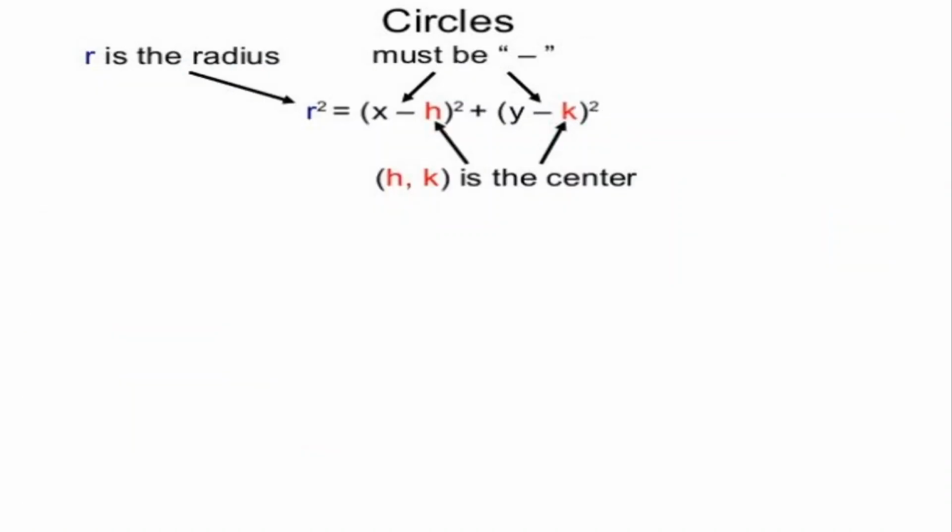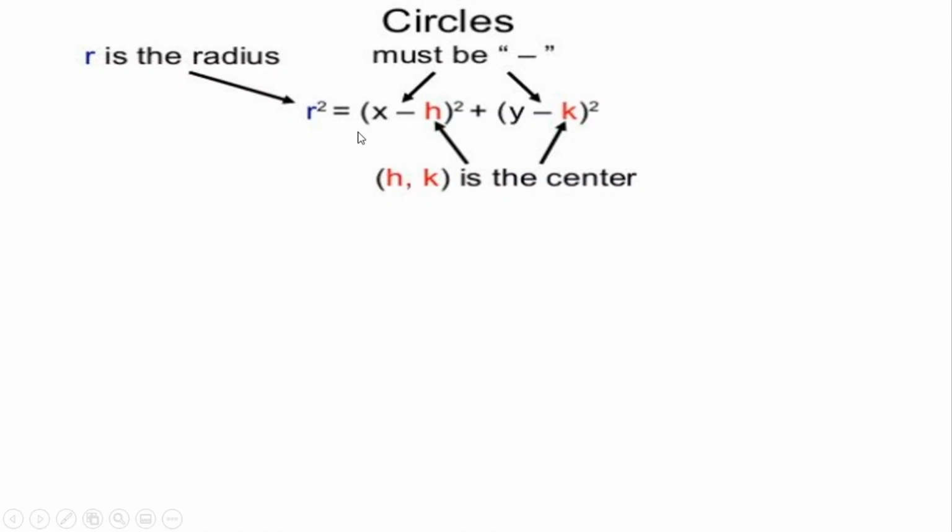Here is a detailed definition regarding the standard formula of the circle. R is the radius. Then the sign inside the parentheses must be a negative sign or a minus sign.